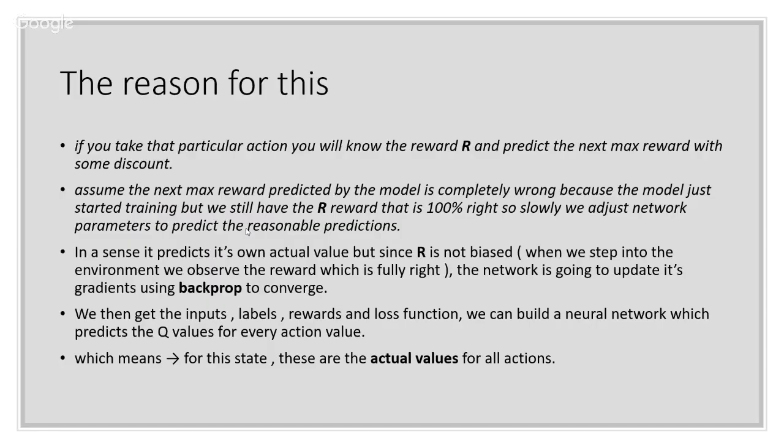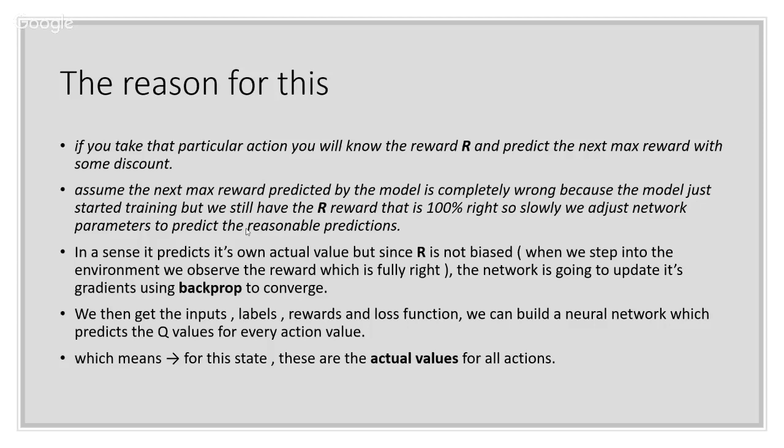Now, the reason for this: if you take that particular action, you'll know the reward and predict the next reward within the sum discount. Assuming the next reward predicted by the model is completely wrong, it's just completely got it wrong, we'll still get a reward back that is 100% right. That doesn't change. So slowly we adjust the network's parameters to predict a reasonable prediction.